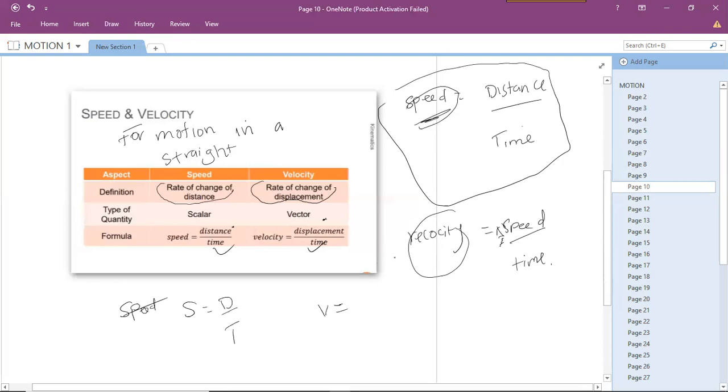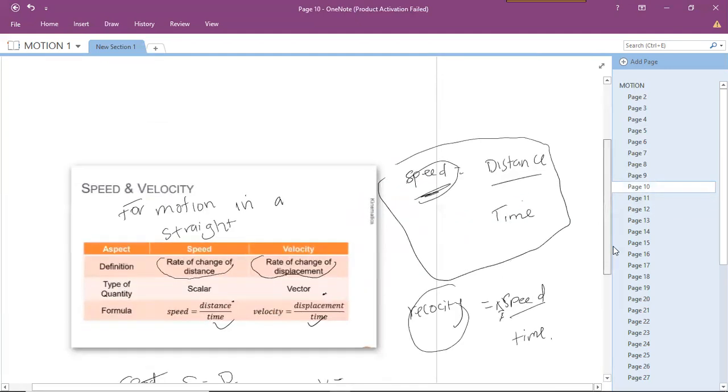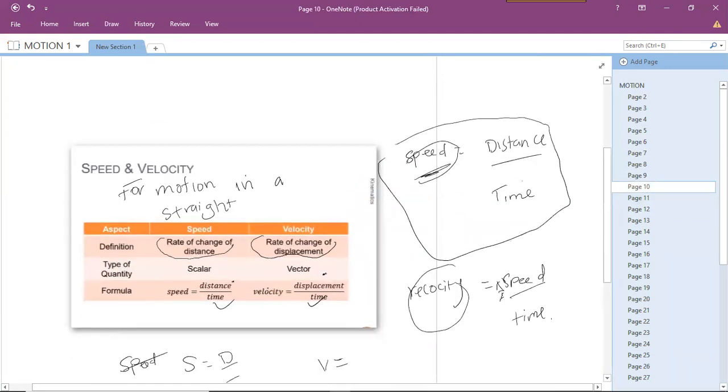You can now find that I'm trying to explain what acceleration is. All right, we're going to encounter these things very soon. But I'm sure I was explaining the right things. For motion in a straight line, there's not that much difference between velocity and speed.